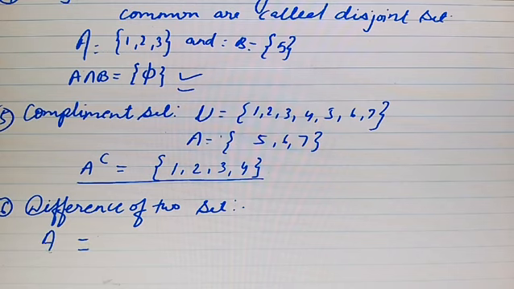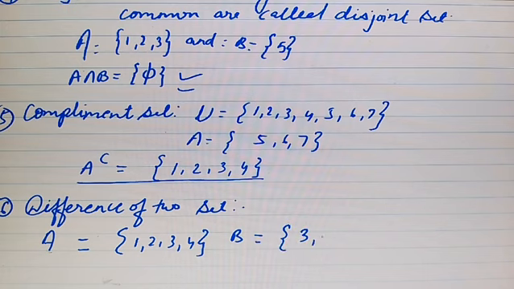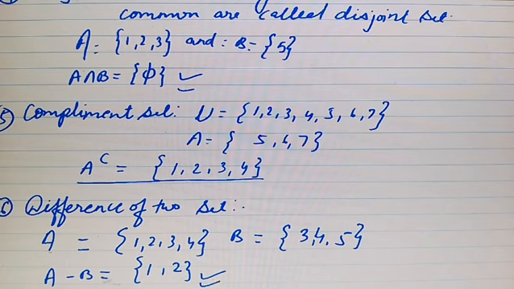A is equal to 1, 2, 3, 4 and B is equal to 3, 4, 5. Then A minus B will always be those numbers which belong to A but not to B. Those numbers belong to A and do not belong to B. That means A minus B is just the set that contains 1 and 2. Okay.